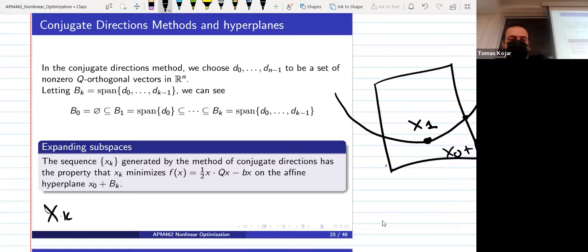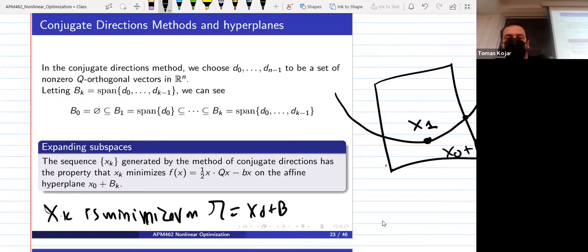So xk is a minimizer on omega given by x naught plus bk if and only if what? What's the condition we talked about? Do you remember? Yeah, let me talk about it.